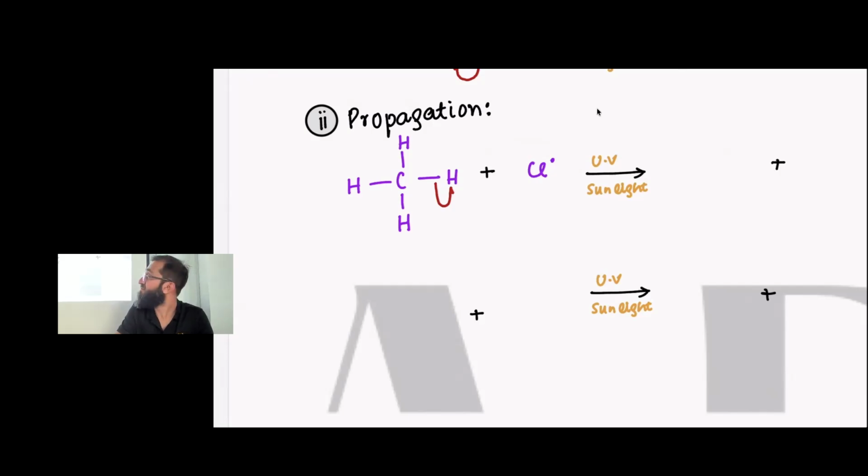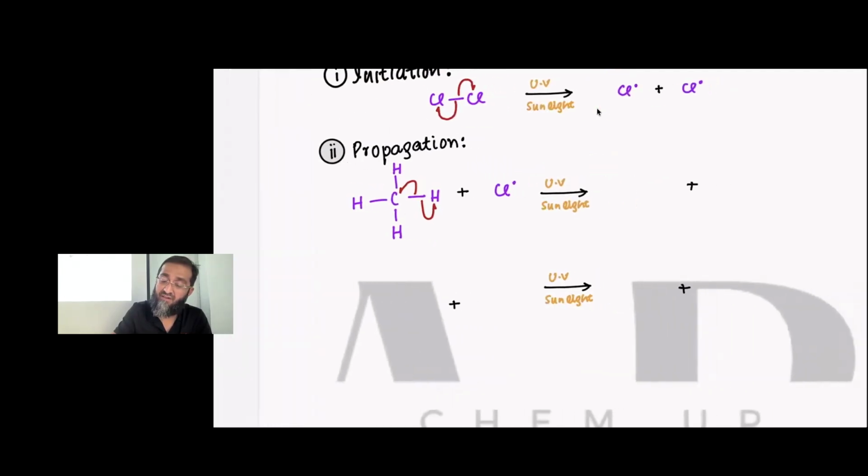From this pair of electrons, one electron moves towards the hydrogen and one electron moves towards the carbon. As a result, a hydrogen radical and the methyl CH3 radical are formed. The hydrogen radical bonds with the chlorine, forming an HCl molecule. We are left with this CH3, where carbon has one unpaired electron. So see, the chlorine radical is turning an organic compound into a radical. That is the first stage of propagation.